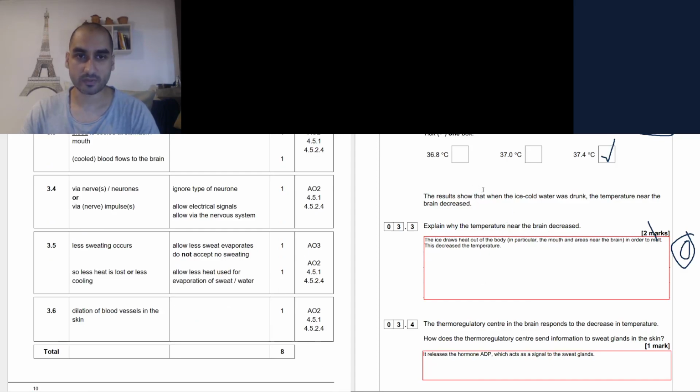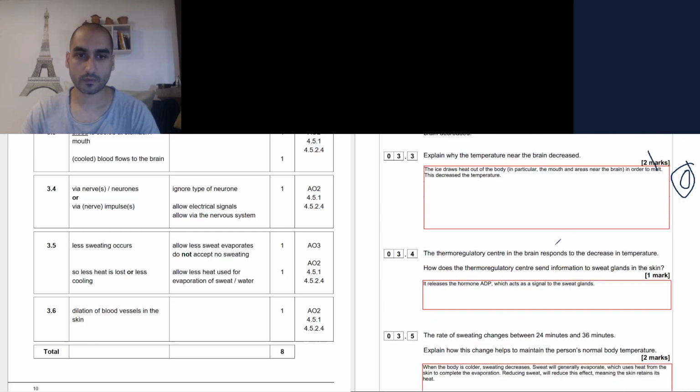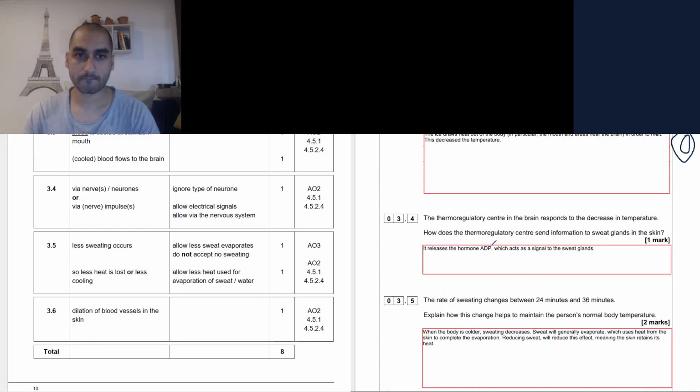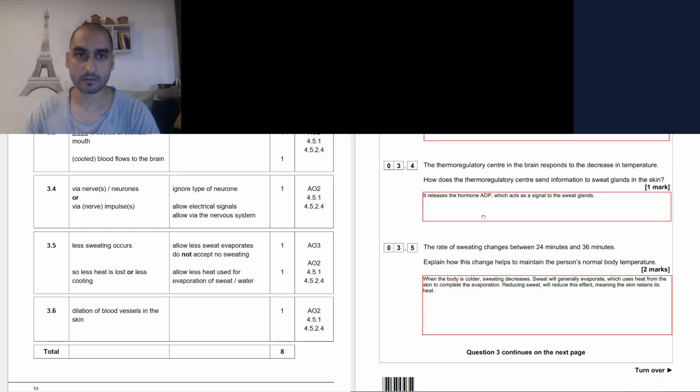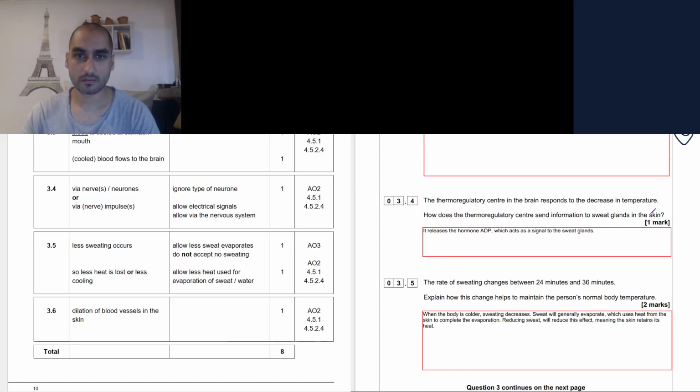Oh, that was how you spell neurons, except no, 1. Okay. How? Via neurons, via impulses. Wow, okay, I don't think ADP is even a hormone. I don't know what I was saying there.